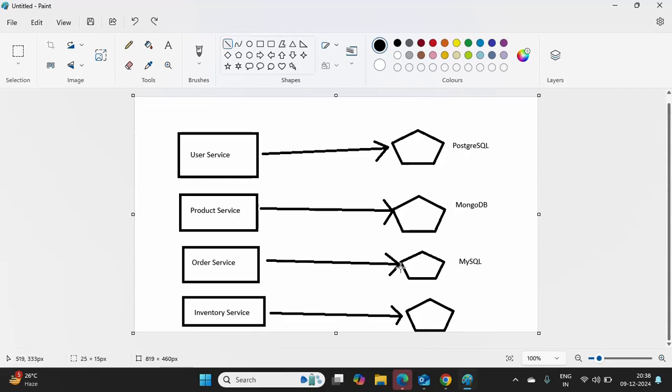Because this service is running independently without affecting the other services. At the same time, if I want to change this MySQL database to another database, then I can simply make the changes without affecting the other things. Like this, we have many advantages.